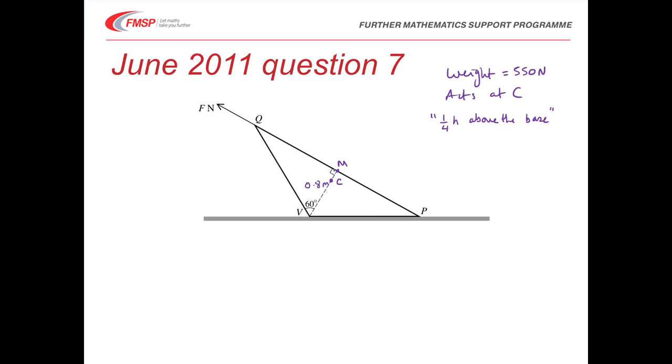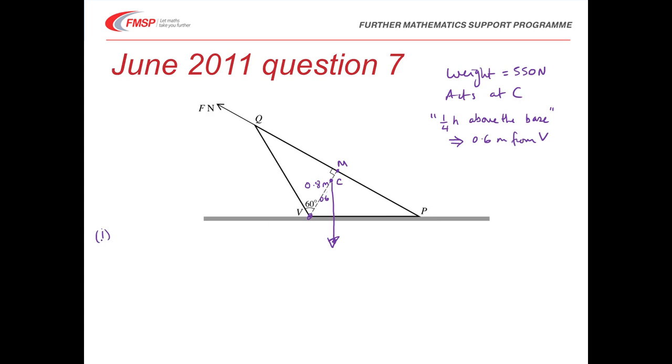It's of length 0.6, so MC is 0.2. And that means that this weight force here is acting at a distance 0.6 from V, where it's going to topple about. And I'm just going to note that way the examiner can clearly see it, rather than just leave it scribbled on the diagram. 0.6 meters from V.